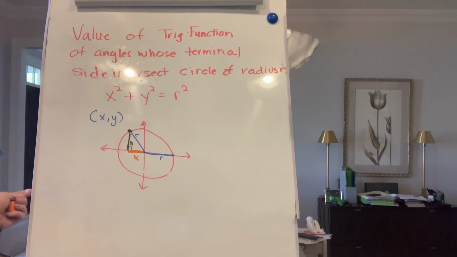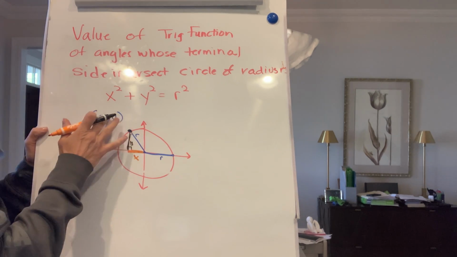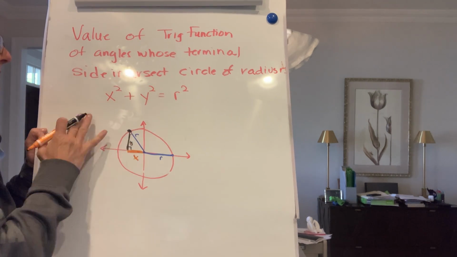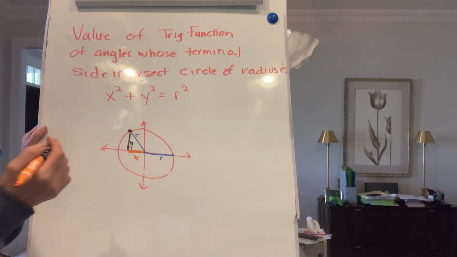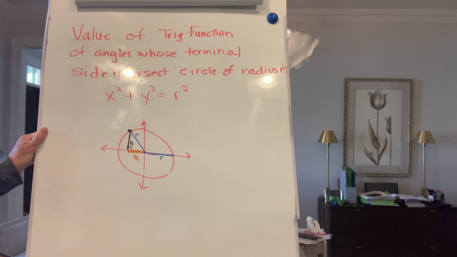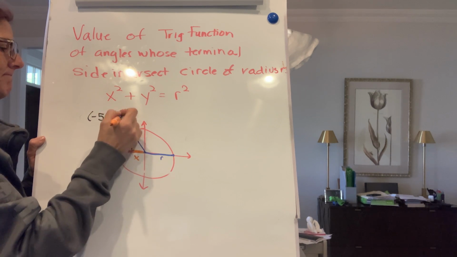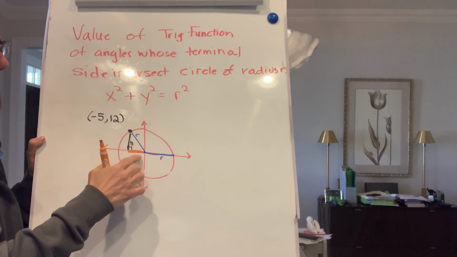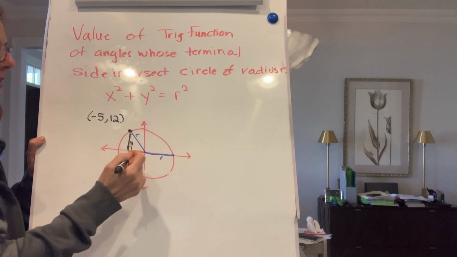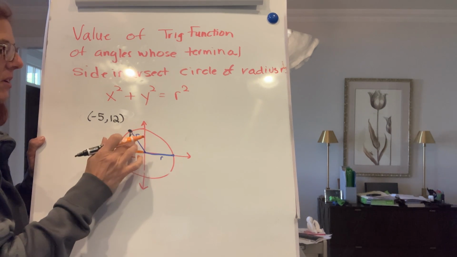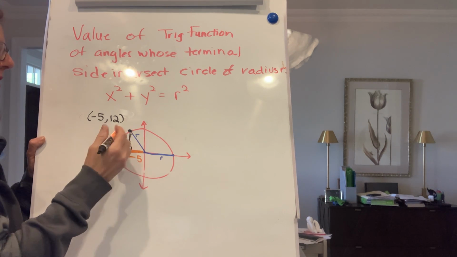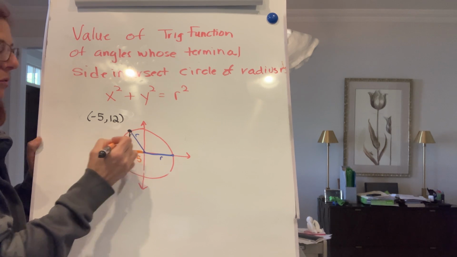So let's do an example. Let's say that is the point -5, 12. Then this length right here is -5, and this length right here is 12.